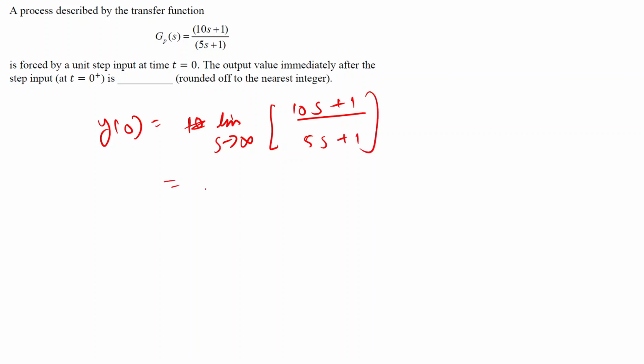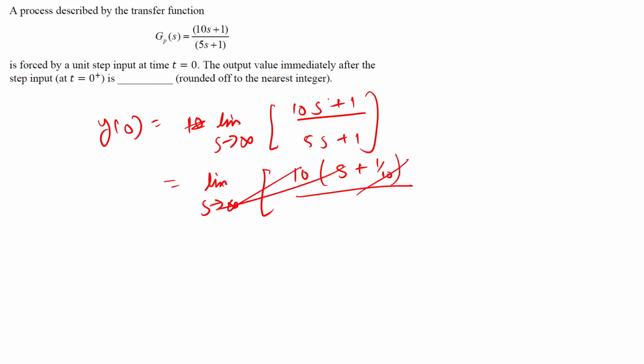So this we can also rewrite it as limit of s tends to infinity, and we can bring s out common: s into (10 + 1 upon s), upon s into (5 + 1 upon s). We have to put the value of s as infinity.